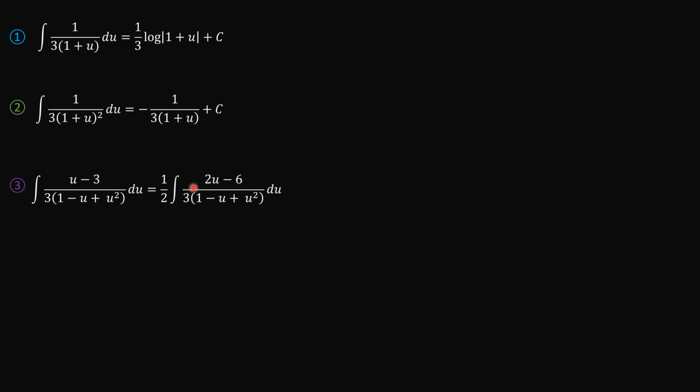Let's multiply by 2 both the numerator and denominator, so that in the numerator we have 2u minus 6 over the denominator. The derivative of the denominator is 2u minus 1, so we would have to remove the negative 5 out.